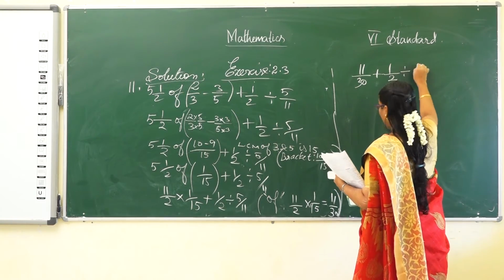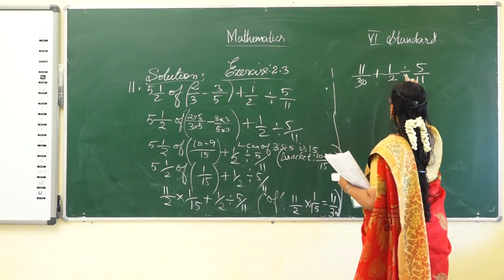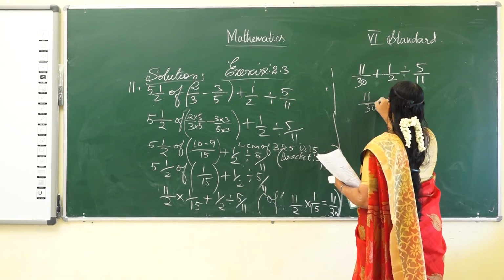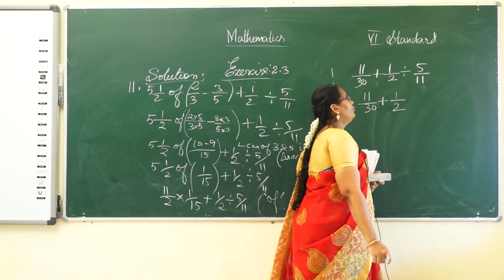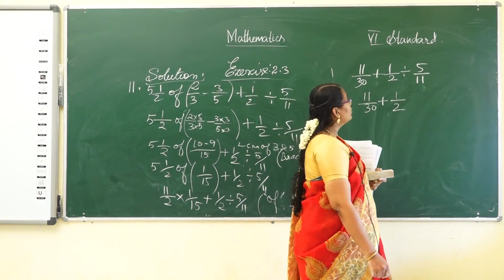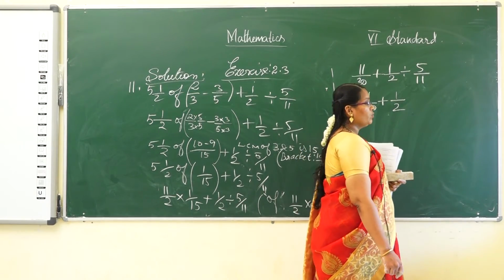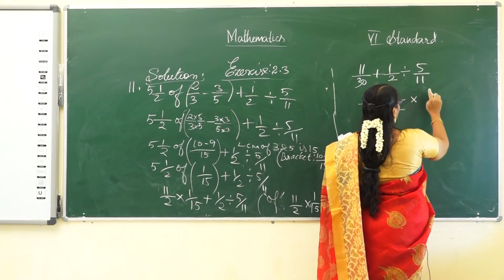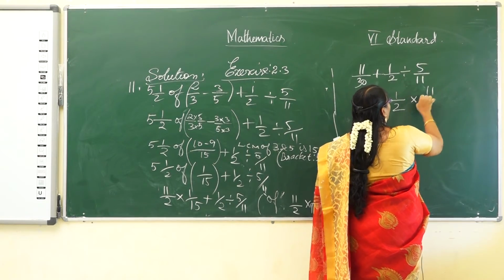divided by 5 by 11. Now by using the BODMAS rule, refer to the division. So 11 by 30 plus the division 1 by 2 divided by 5 by 11. Division of a fraction by a fraction: what do we do? We multiply the fraction by the reciprocal of the other fraction. So what is the reciprocal of 5 by 11? 11 by 5.